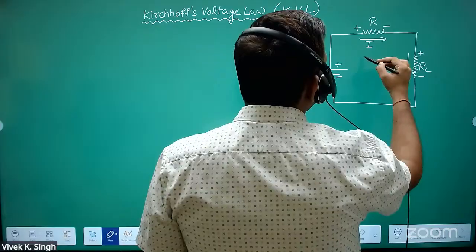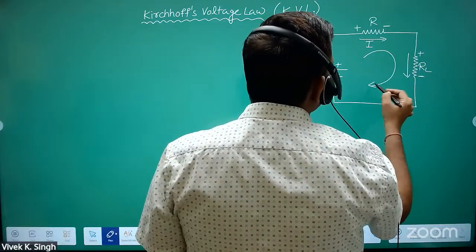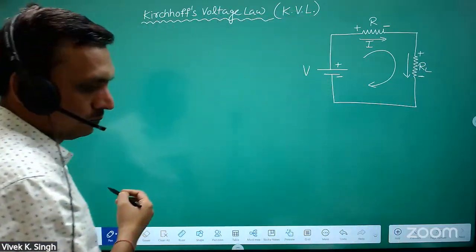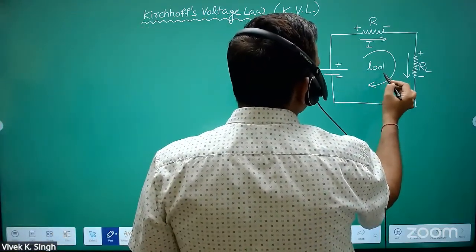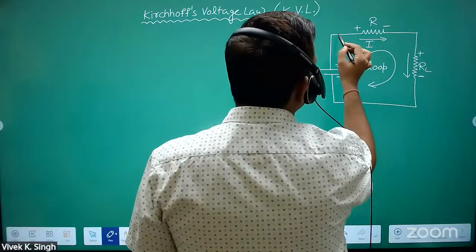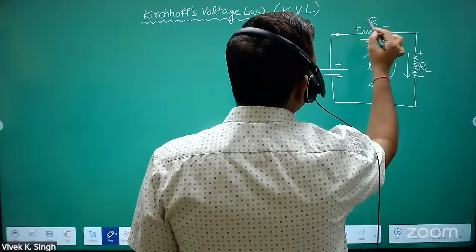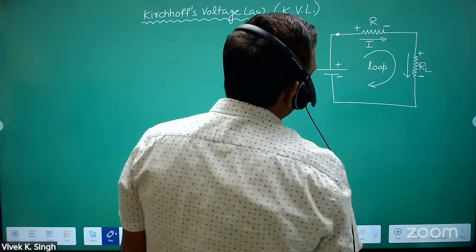And let's consider this loop. It's a closed loop. If you start with this point, then you should end at this point.